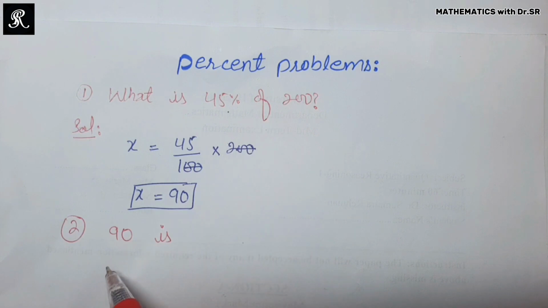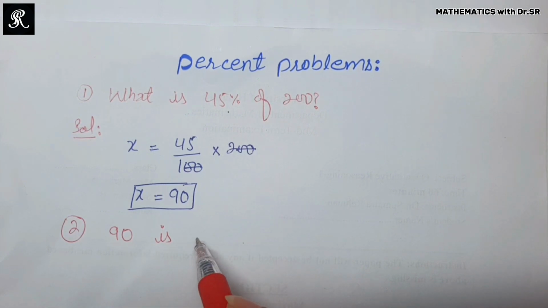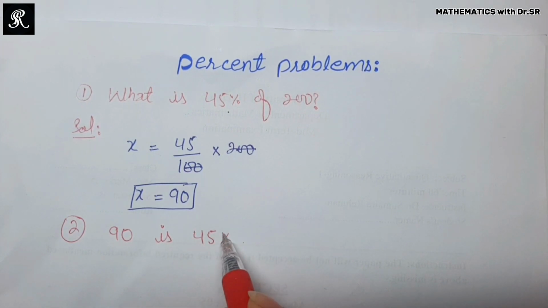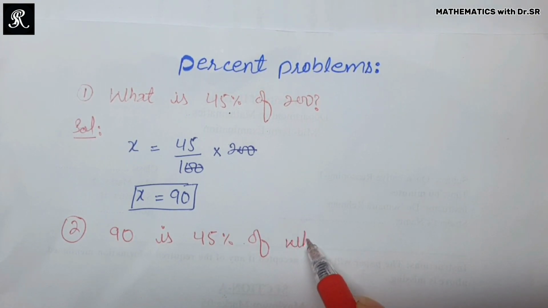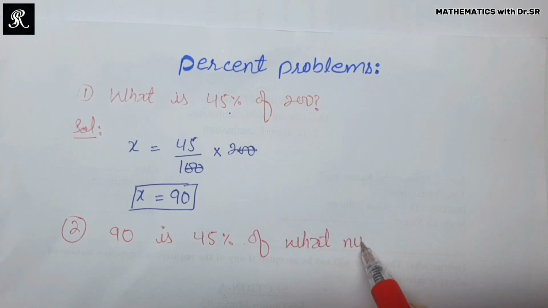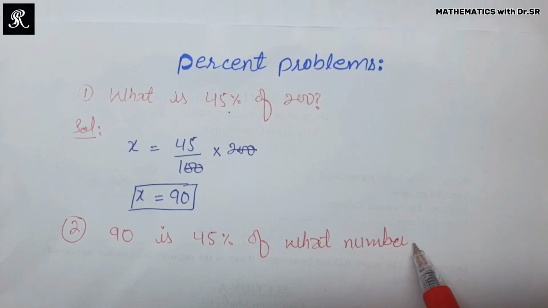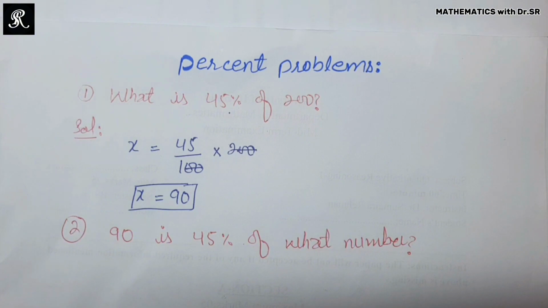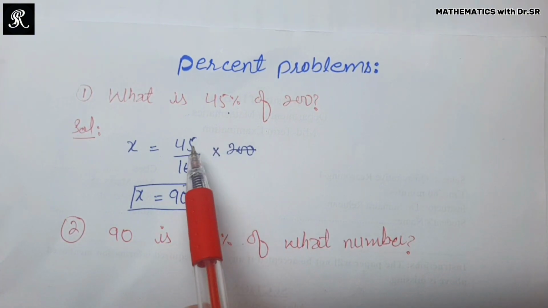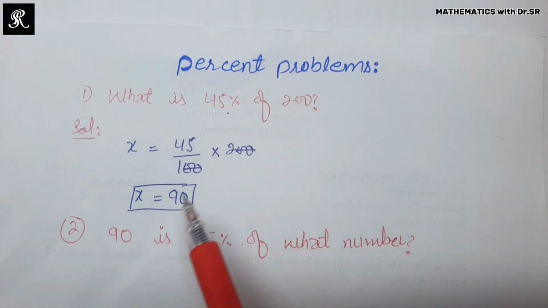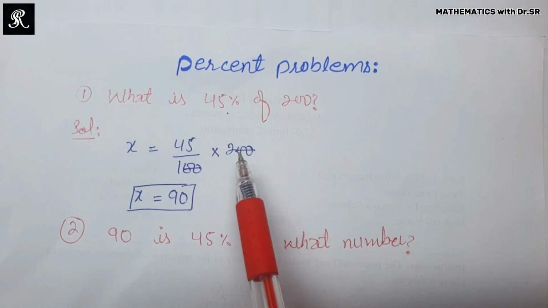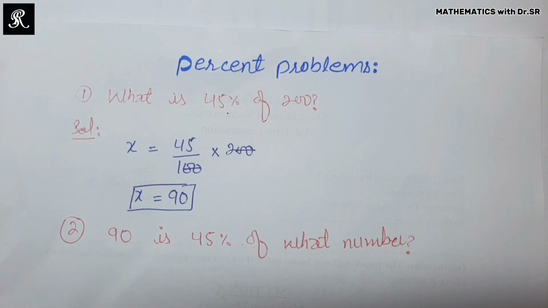Now, 90 is 45% of what number? Here you can see that 45% of 200 is this one. Now what was the number? We already know that, but here we will learn how we can simplify different questions.